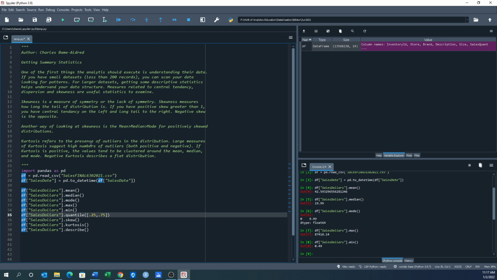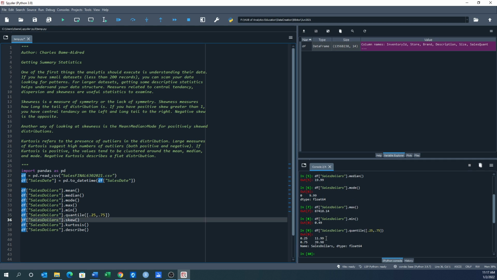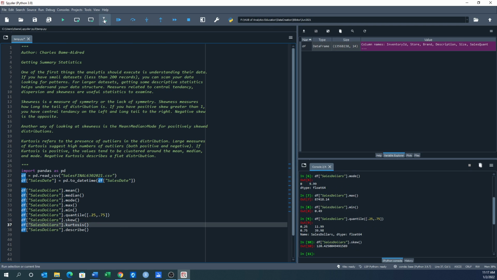Okay, let's look at the interquartile range. Okay, so it goes from $11.99 to $39.98. All right, let's see if it is positively skewed. And yes, it's positively skewed, and it's a huge skewness statistic. All right, let's look at kurtosis.